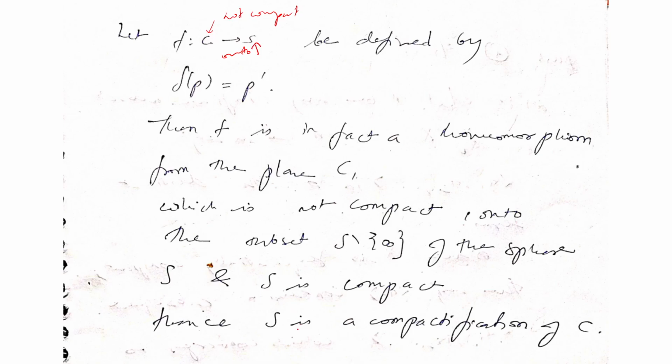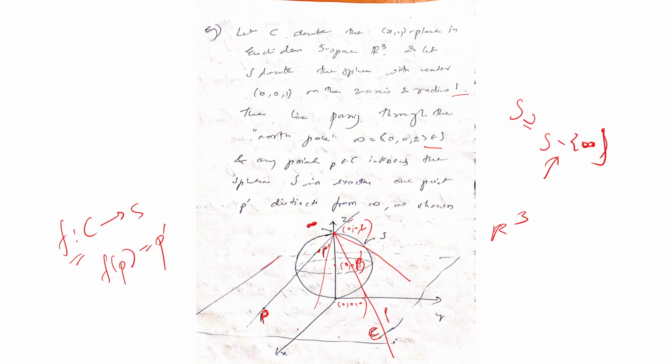So here what we have got: S minus infinity is not compact, but S is compact. Now, what is the definition for compactification?